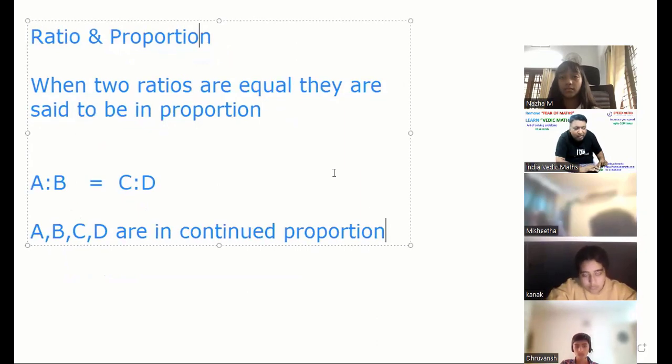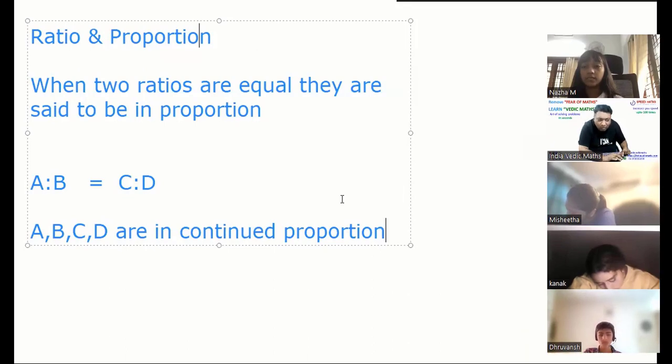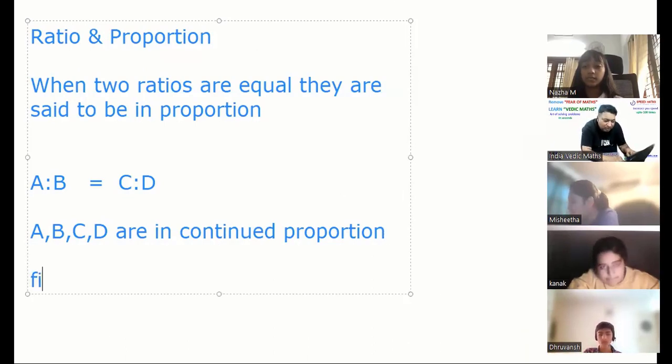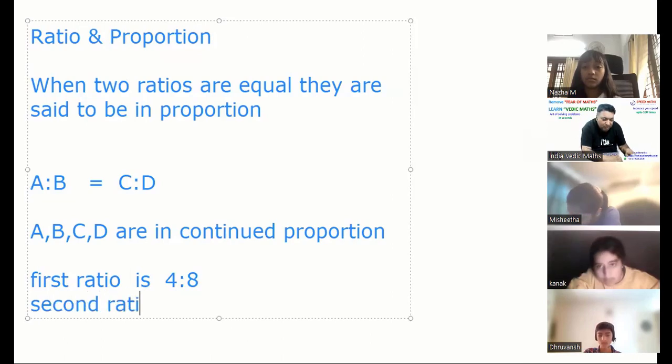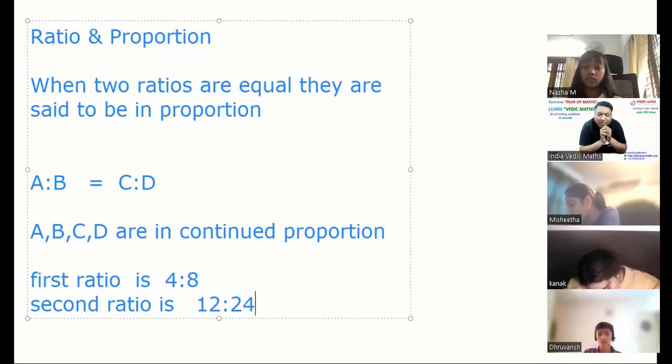When two ratios are equal or equivalent, they are said to be in proportion. Let's say my first ratio is 4:8. Second ratio is, say, 12:24.